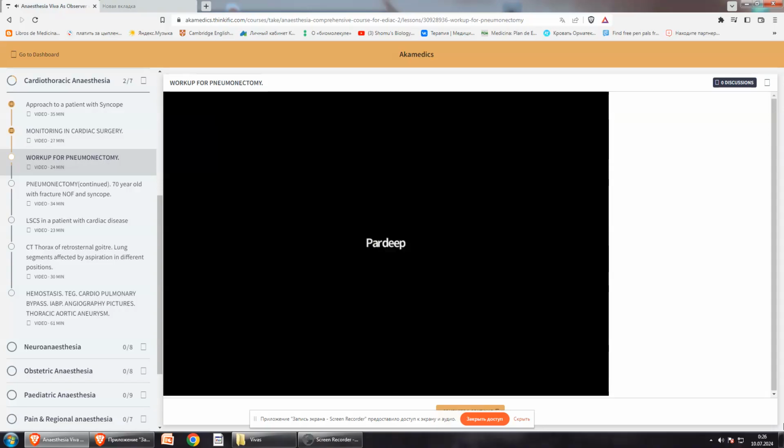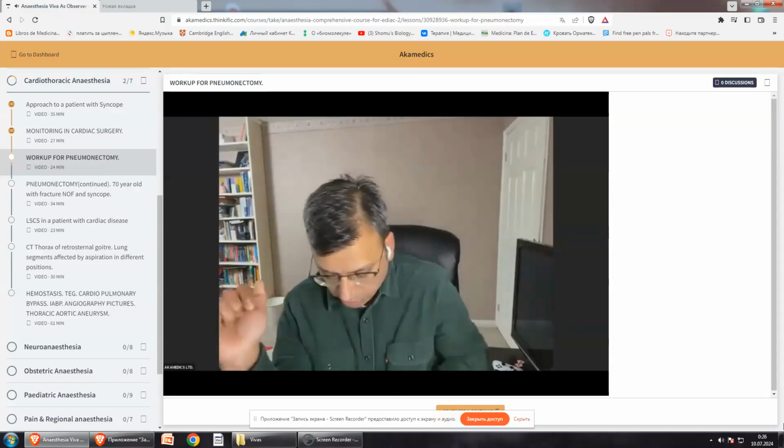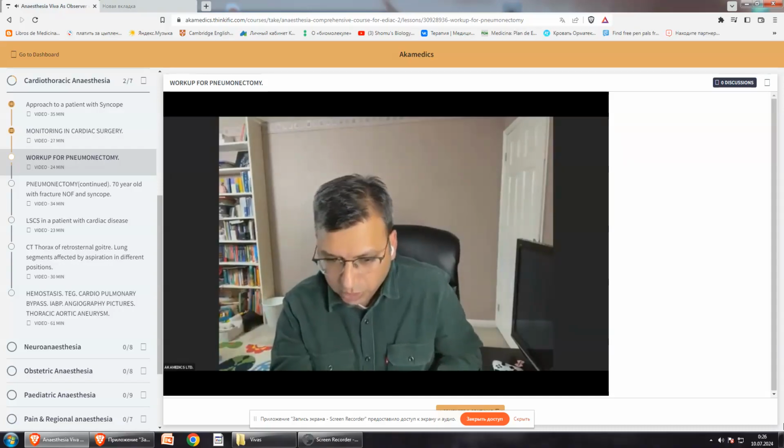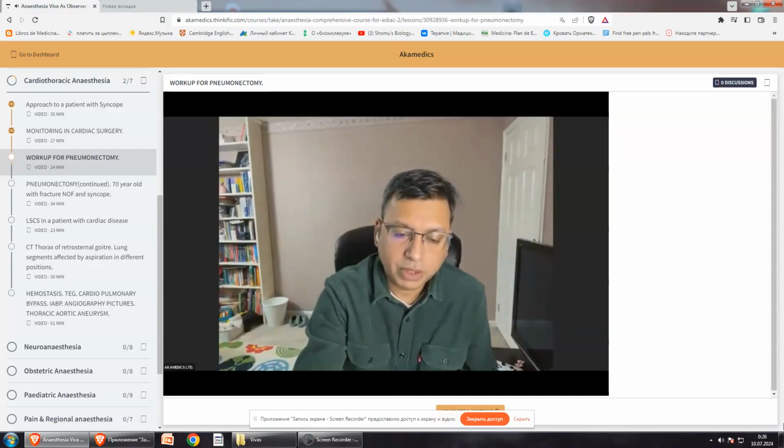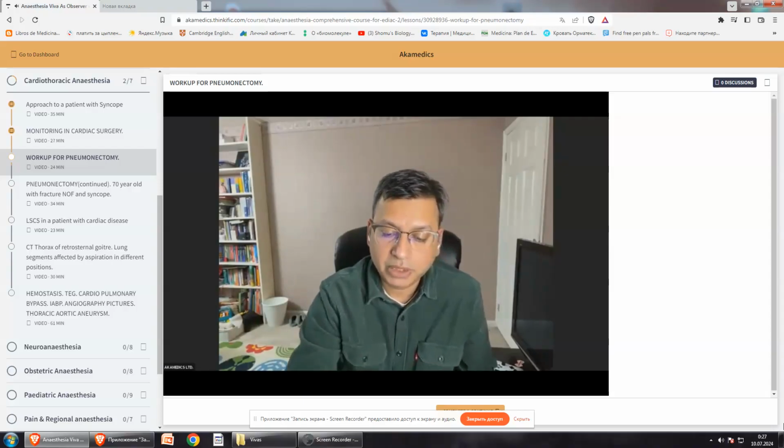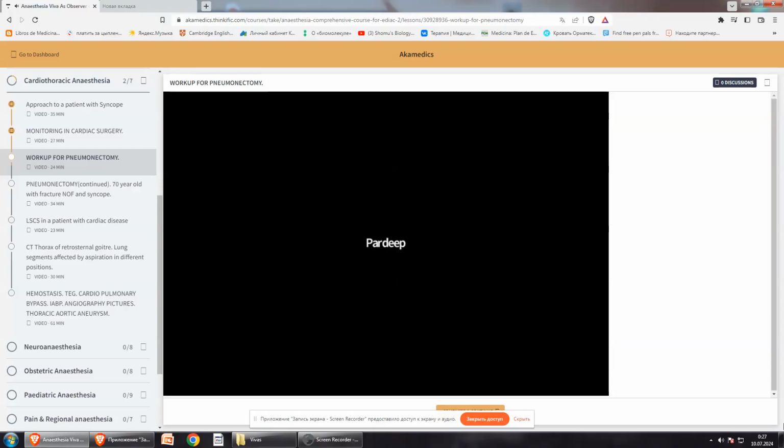Okay. So how do you work out how much resection can be done safely? Is there a formula for that? Yes, there is a formula, but I couldn't recall it actually.